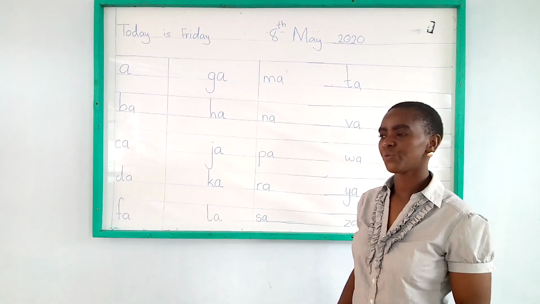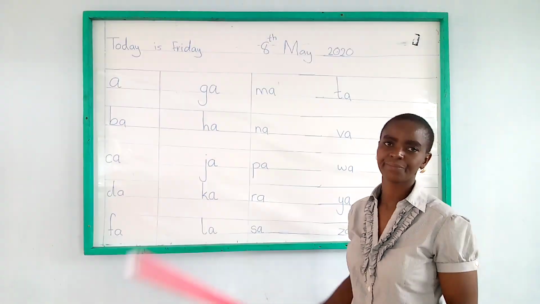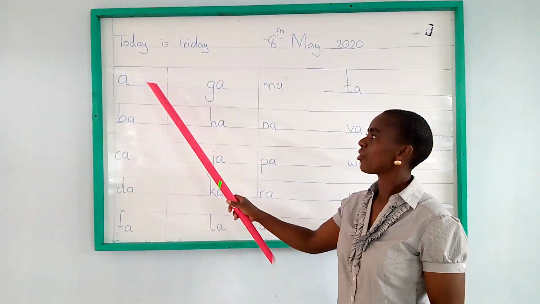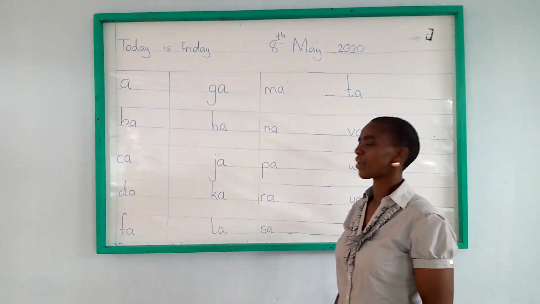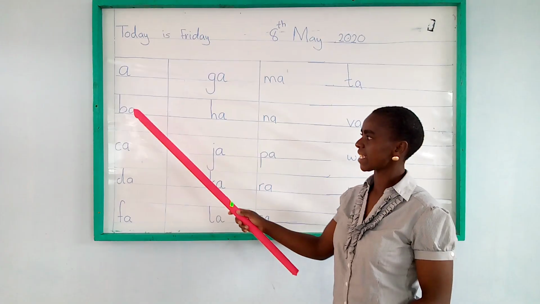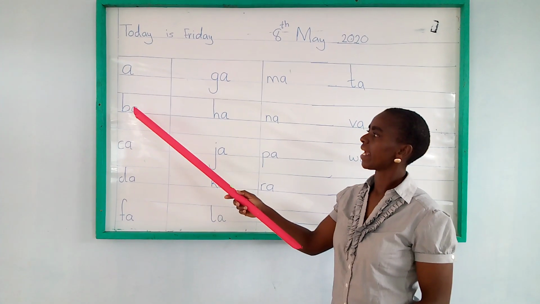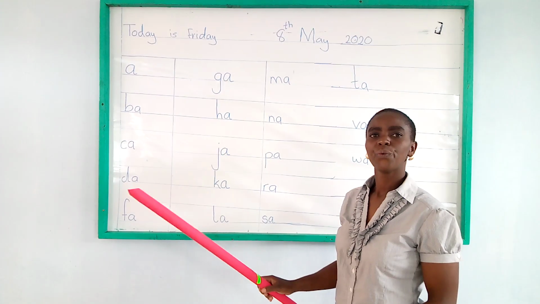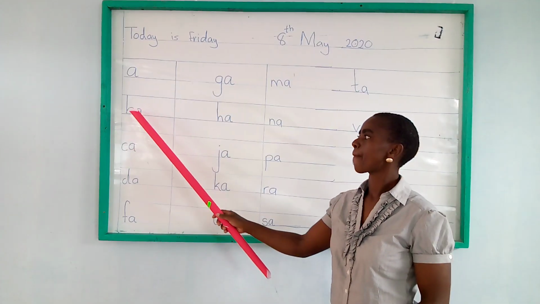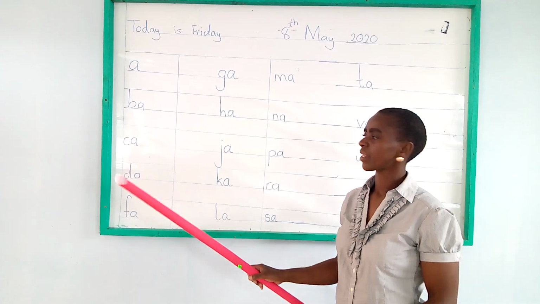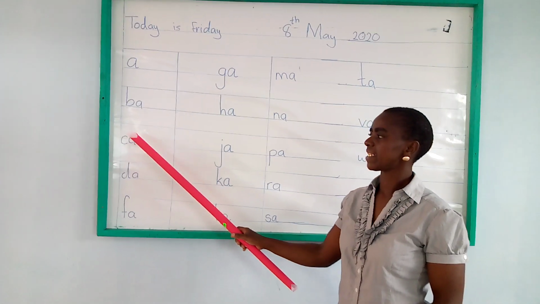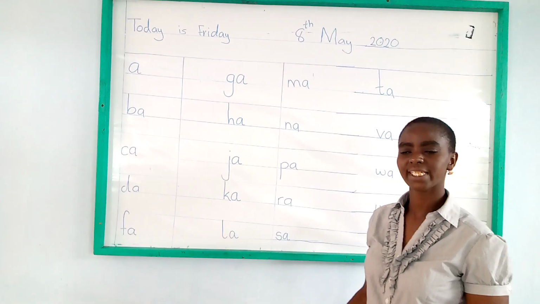We usually start with A. Sound A. From sound A, you remember the sound B and sound A. When you join it together, it becomes Ba. Sound K and sound A. I can hear somebody saying it.